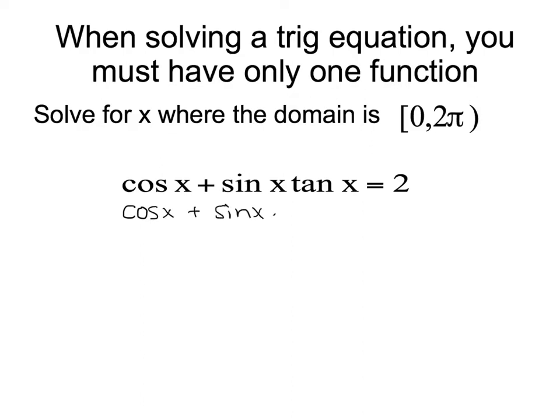Tangent is sine over cosine. And right away, I can see we're going to have a fraction, so we need a common denominator. Cosine is missing the common denominator, so I'm going to multiply by cosine over cosine, and that's going to get me cosine squared.